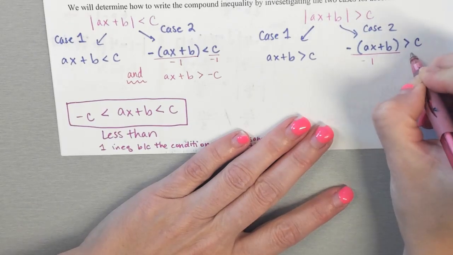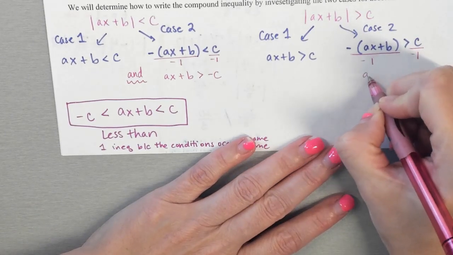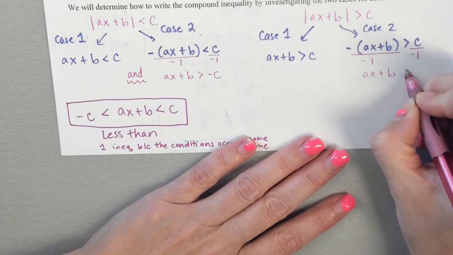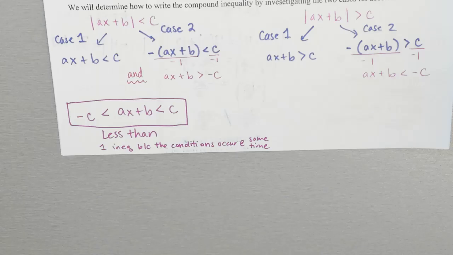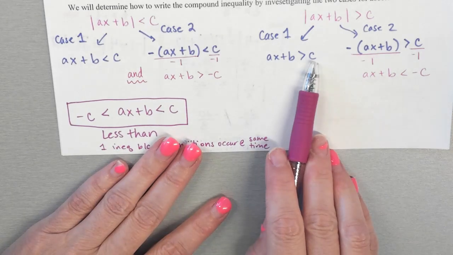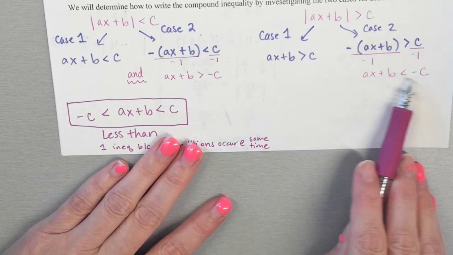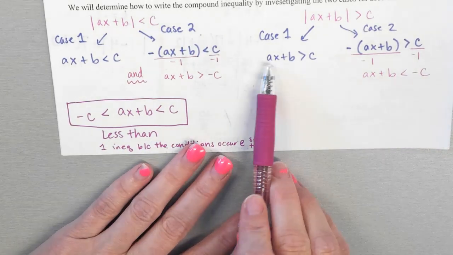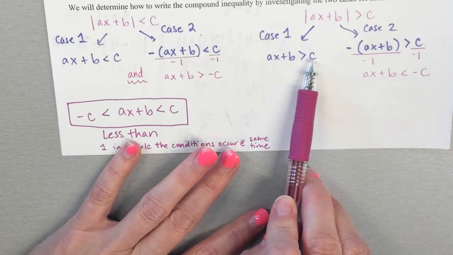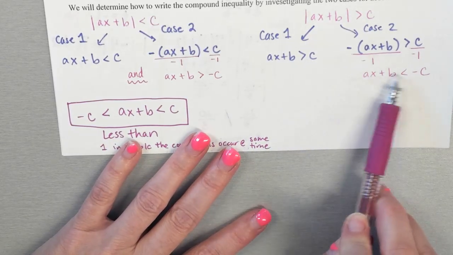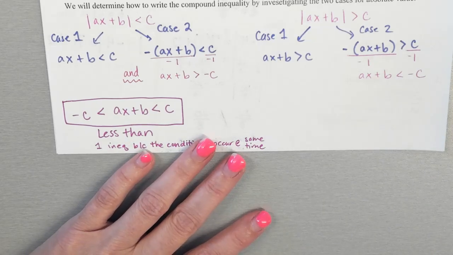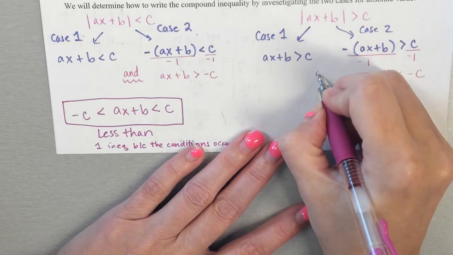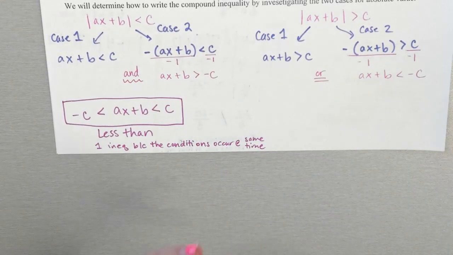If we solve this by dividing by -1, what happens again is that flip. This is saying that it's greater than a value, and then it is also less than the opposite of that value. Is there a number that's greater than 8 at the same time it's less than -8? No. So those cannot happen at the same time. So we're going to connect them with an or.